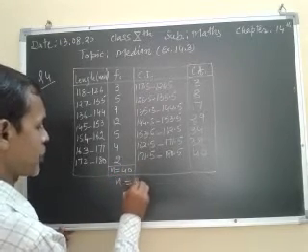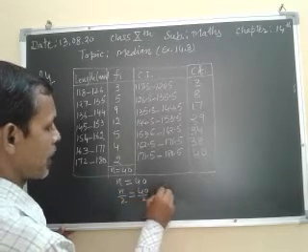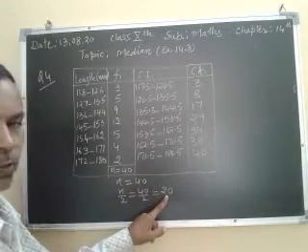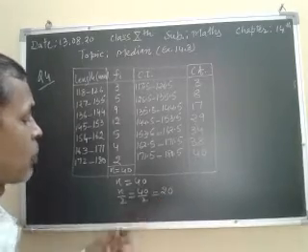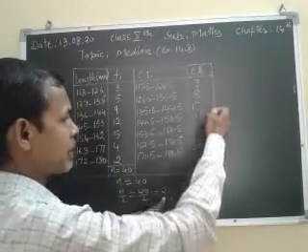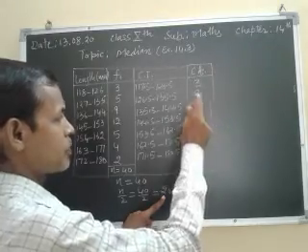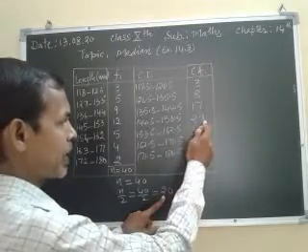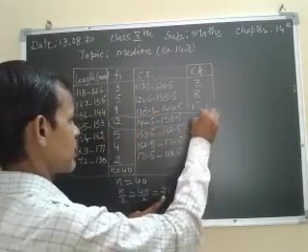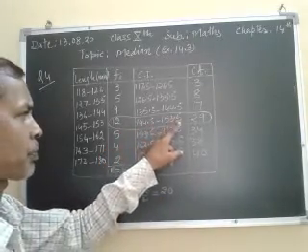Then n by 2 is 40 upon 2, which equals 20. Now we compare this with the cumulative frequency column: just more than 20 is 29. So this is our median class, which is 144.5 to 153.5.